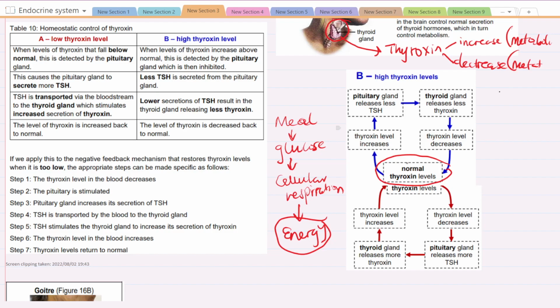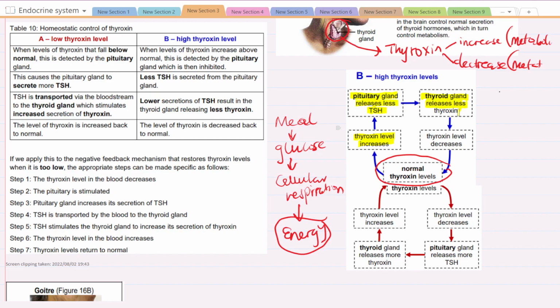Now basically what would happen is, here's your thyroxine that has been secreted by your thyroid gland. If the thyroxine levels increase above normal, this will stimulate the pituitary gland to secrete less TSH, and therefore less TSH will do what?